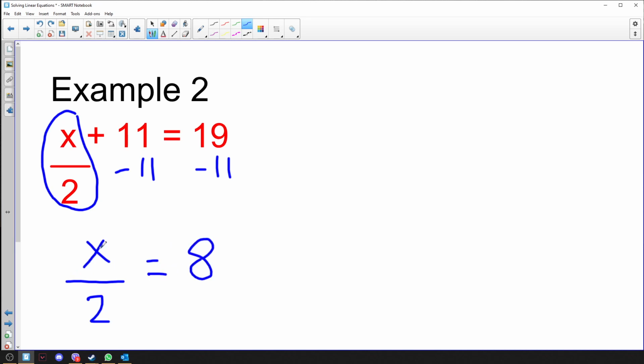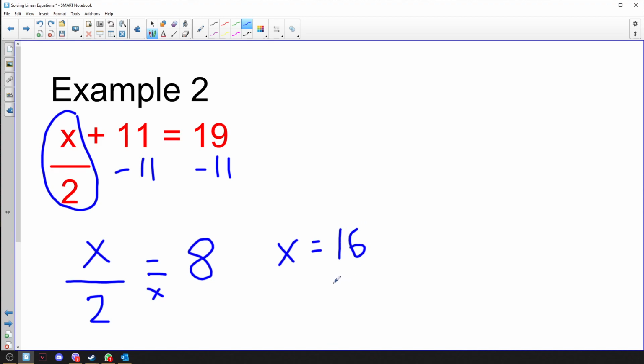So x divided by 2 equals 8. Now, the opposite of division is multiplication. So I'm going to multiply these two numbers, 2 and 8. 2 times 8 equals 16. x is 16.